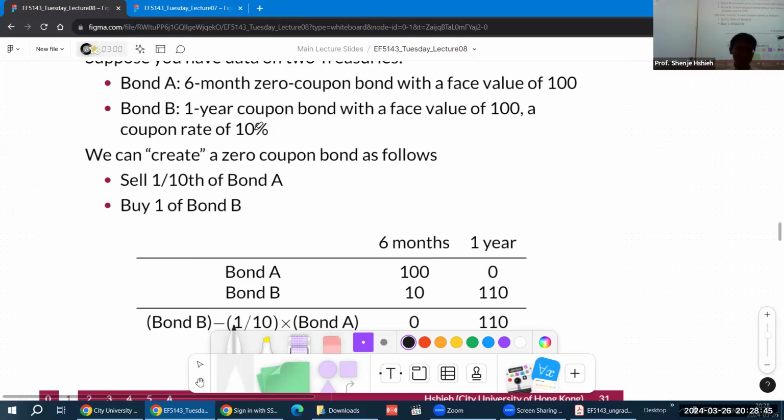And you can use that zero coupon bond to back out the yield to maturity, right? All you're trying to do is combine different cash flows that look like a zero coupon bond for a certain maturity, and then use that price and par value to get the proper term structure of interest rate.